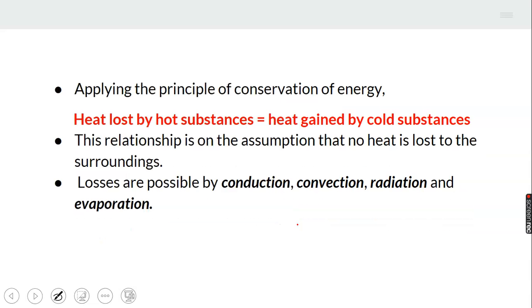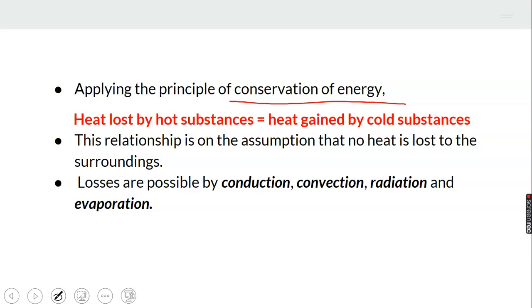Let's move forward. In the method of mixture, we are going to be applying the principle of conservation of energy. The principle of conservation of energy says that energy can neither be created nor destroyed, but it can change from one form to the other.